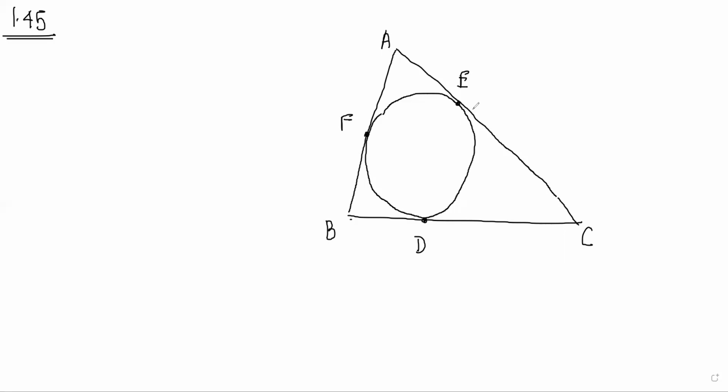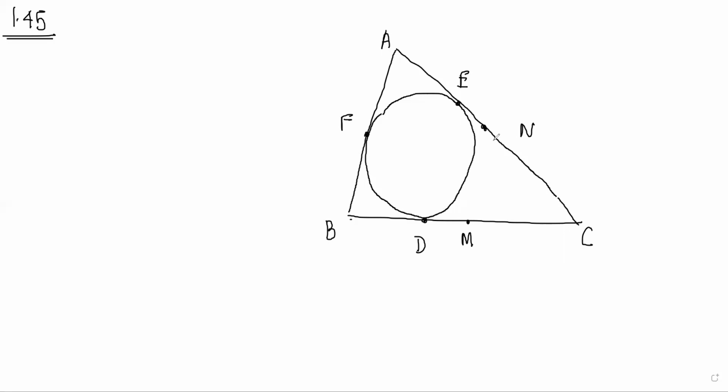Let M and N be midpoints of BC and AC respectively. M is the midpoint of BC and N is the midpoint of AC. N is here.